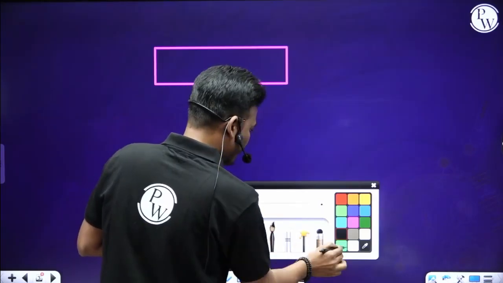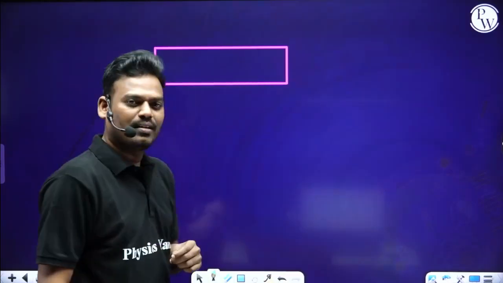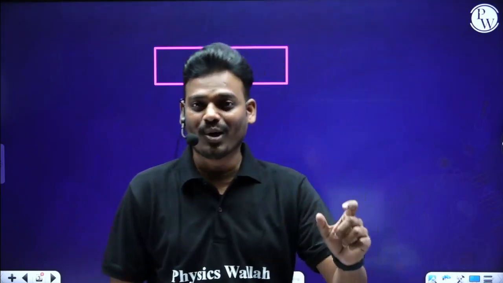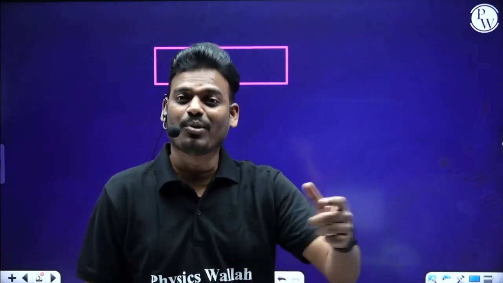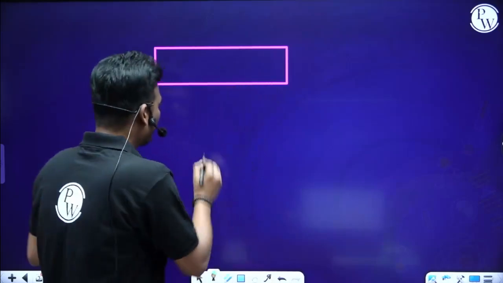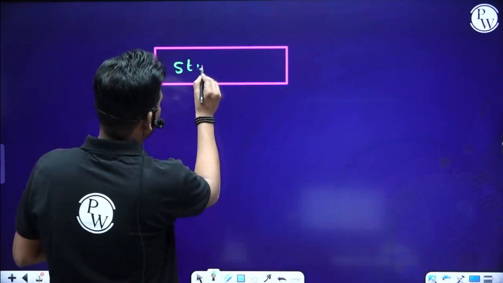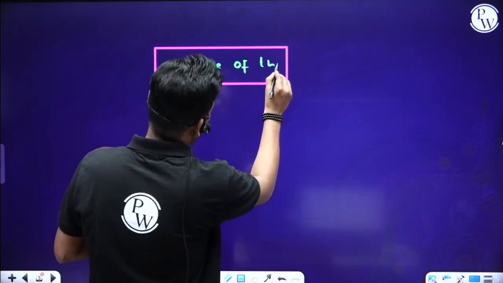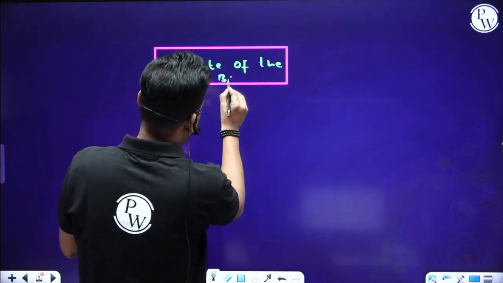If I ask you the state of the substance, you will say, sir, solids, liquids, and gases. I am talking about the state of the object or the state of the body.